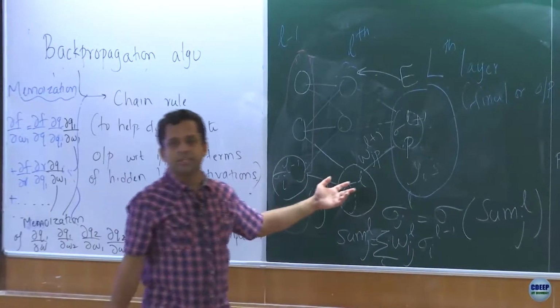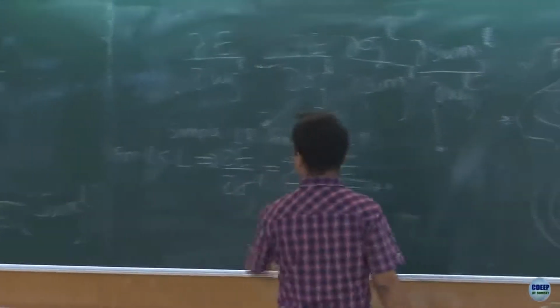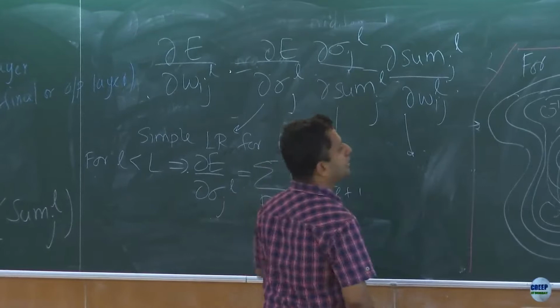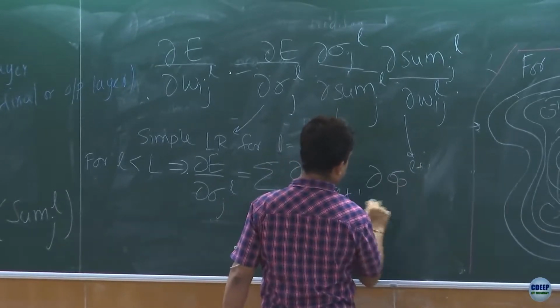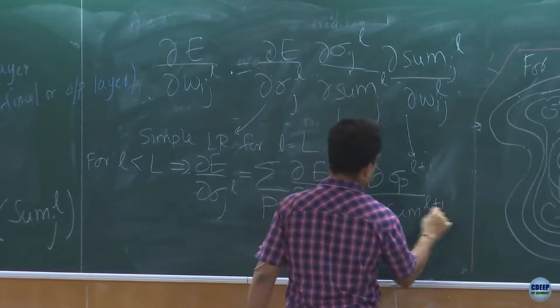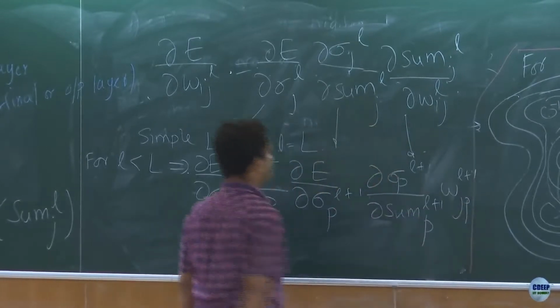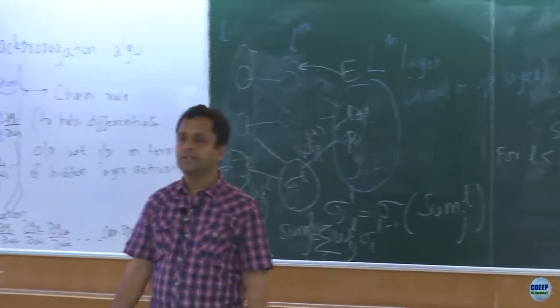I mean in the sense I am not differentiating with respect to them. They are not functions directly, they are different parameters. So this is what I have from the board.